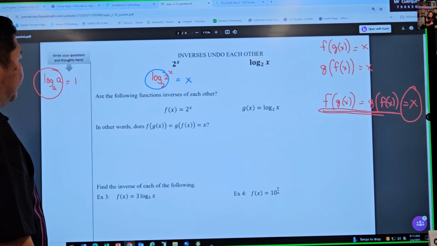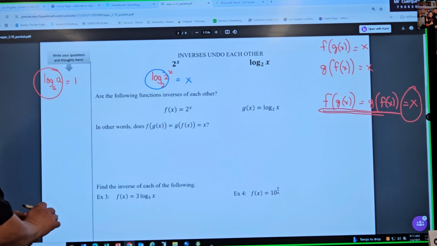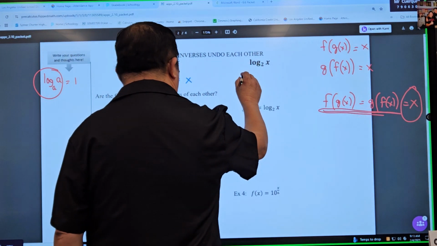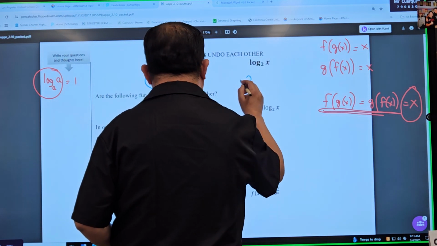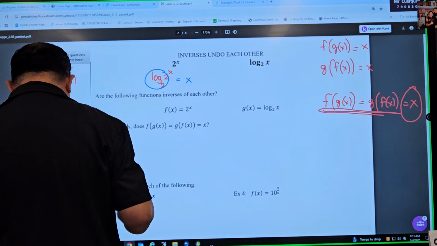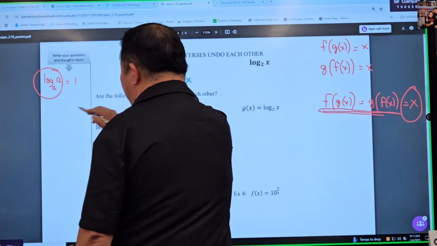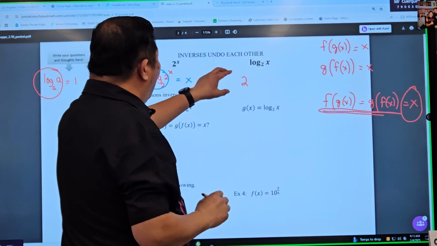Given log of x base 2, we can also say 2 to the power of log of x to the base 2.